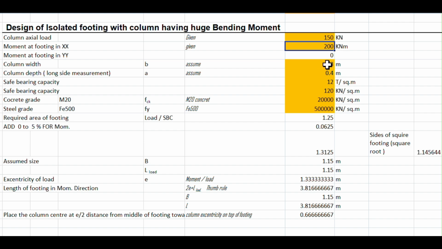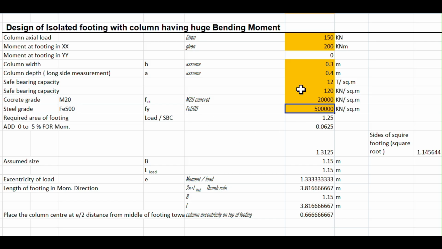The column size is 300 mm by 400 mm, that is 0.3 by 0.4 size of the column. And we are going to use M20 concrete and Fe500 steel.